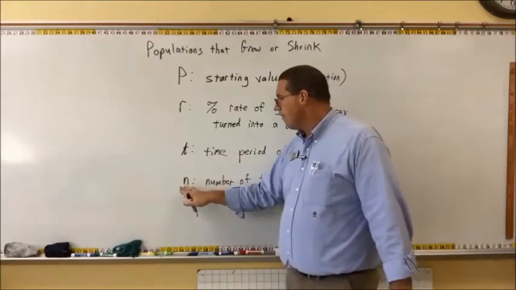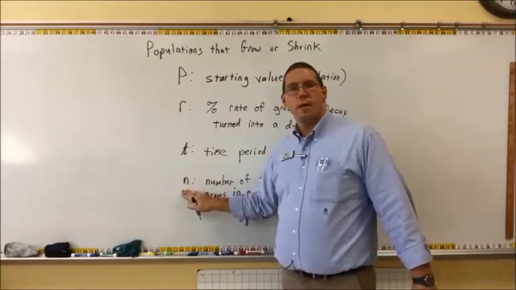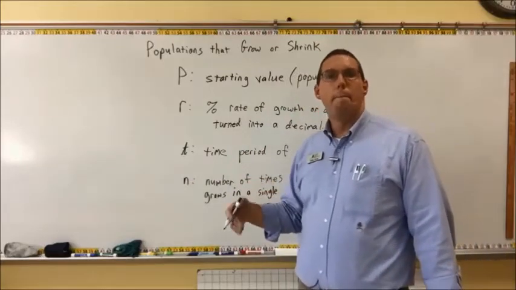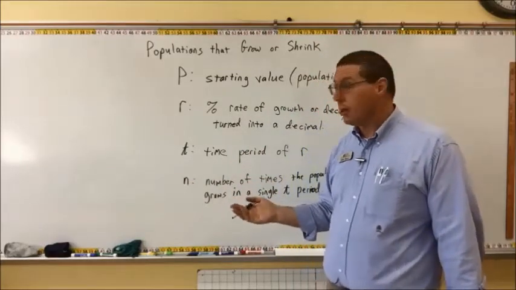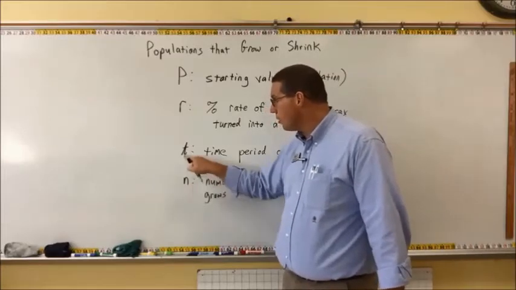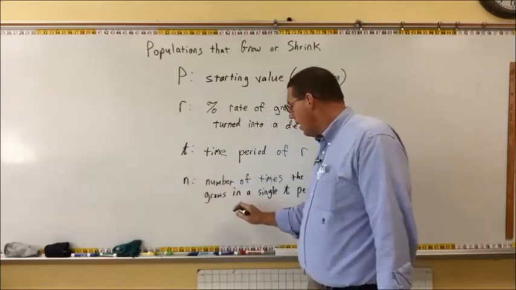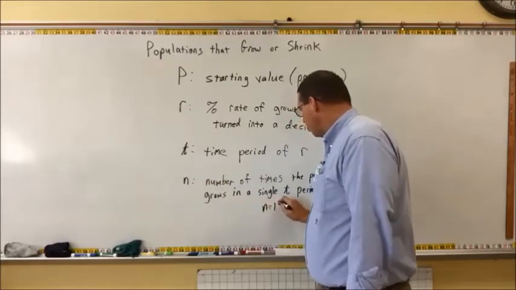And then what if the problem says that the population is growing monthly? Well, monthly, how many months are there in 1 year? 12. So in that case, N would be 12.